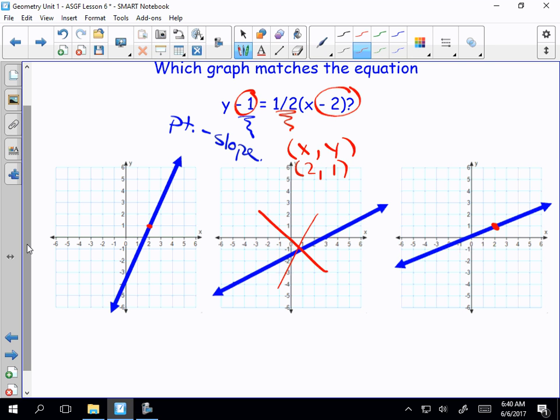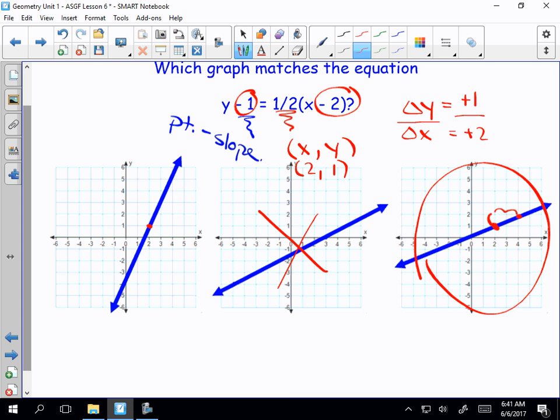Now we identify our slope. Change in y is a +1. The change in x is a +2. Okay, so we have to find what situation from one point to the next do we have a +1 for y, +2 for the x movement.